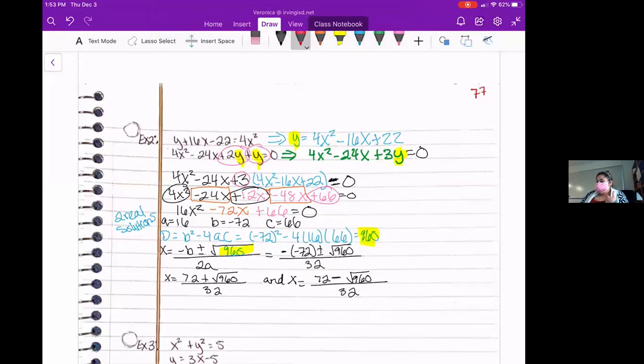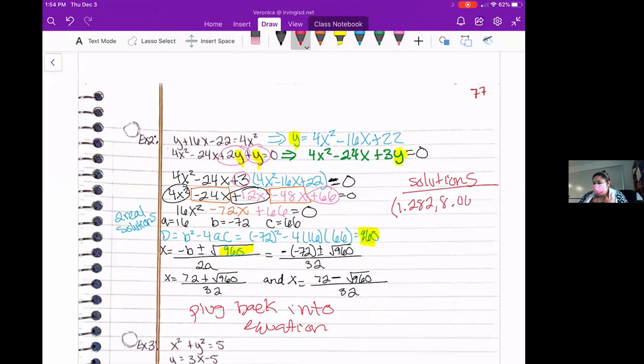So from here, you would plug back into the equation, right? And then your solutions would be at 1.282, 8.064, and then the other one would be at 3.218, 11.936-ish. So a rough draft of what that would look like.